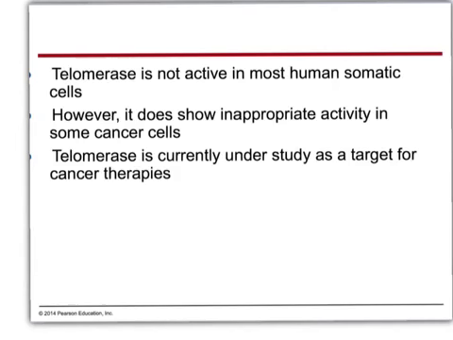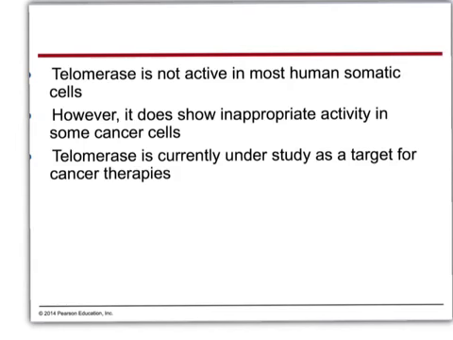Okay? In cancer cells, all right, it is inappropriately active, which will extend the length of telomeres and make cancer cells, quote unquote, immortal. They don't age, all right? And that is one way of cancer evading cell death, living longer, and then growing more, all right?